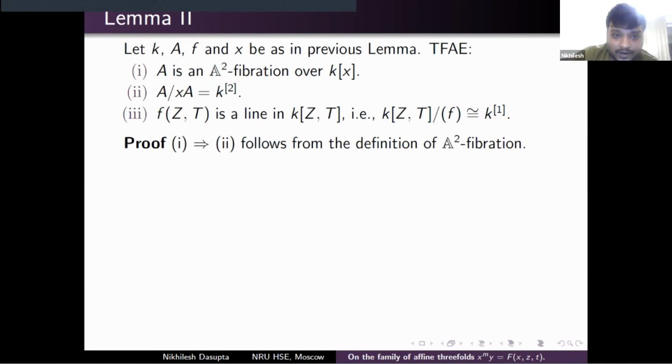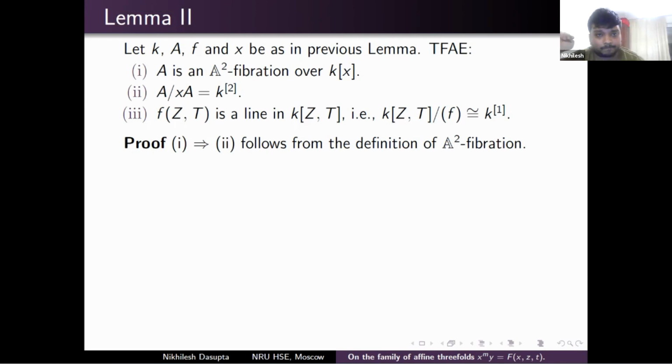So take that prime ideal P, if A is given to be your A2 fibration, take the prime ideal P to be the ideal generated by X. Then what do we have? We have A tensor over K[X] with K_P. And what is K_P? K_P is the field of fractions of R mod P, or K[X] localized at X, which is K, basically.